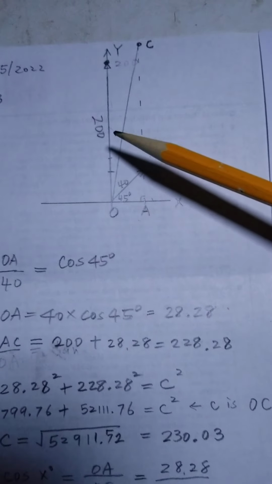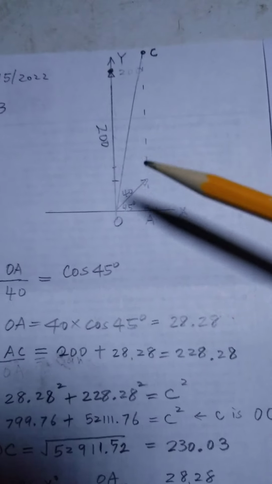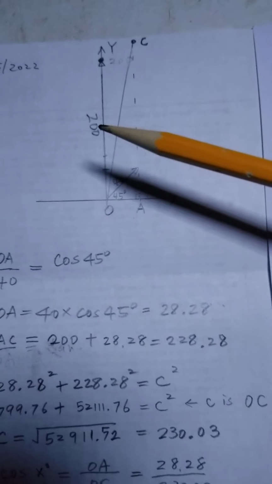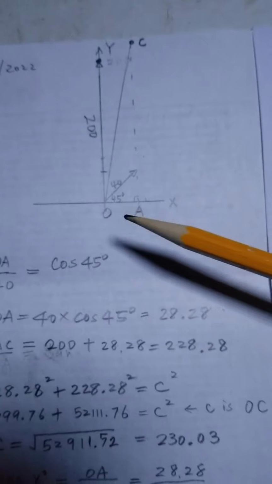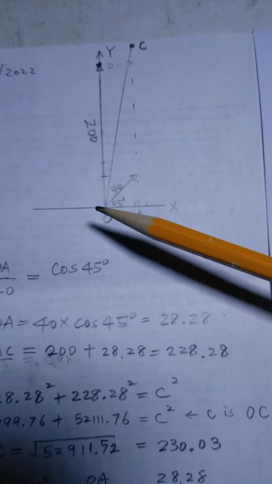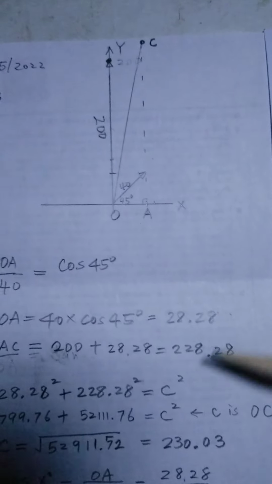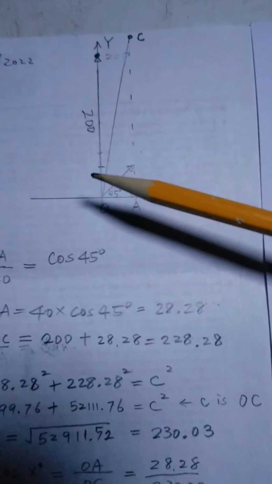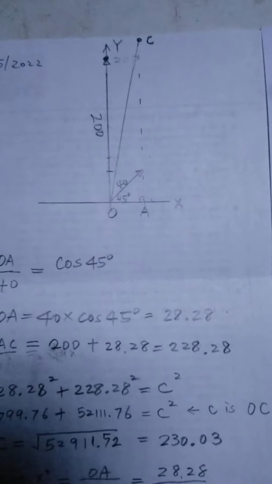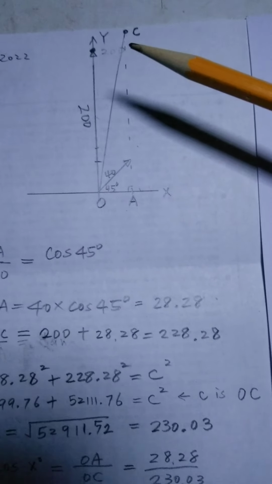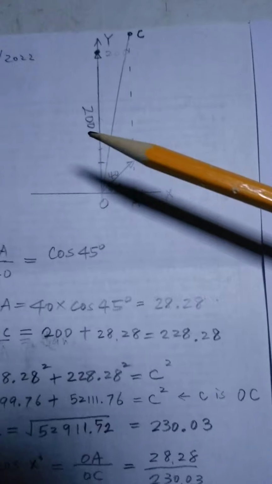Because 200 is going that way. And you got 40, part of it is going that way. We're pushing it up faster. But part of the 40 is going this way. So it'll make it go that way a little bit. So the final direction is going to be here, to the right some, from O to C. And it's going to be longer than 200.